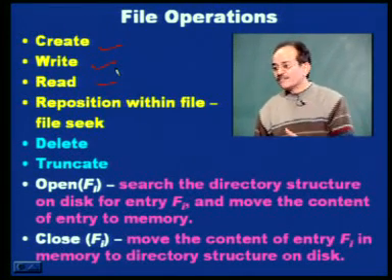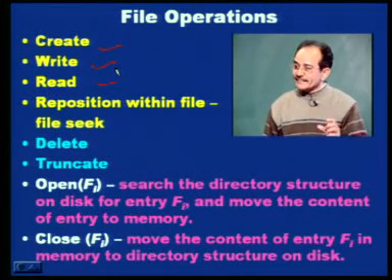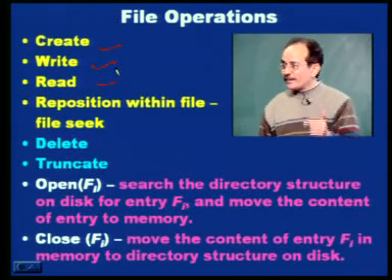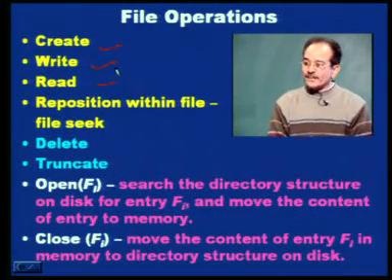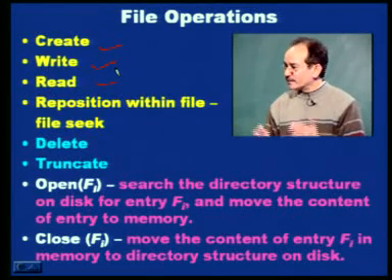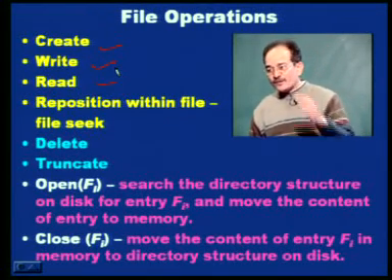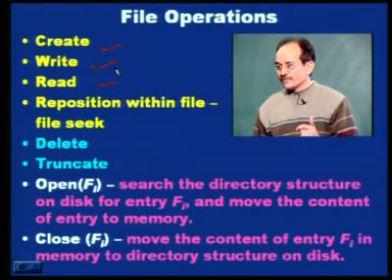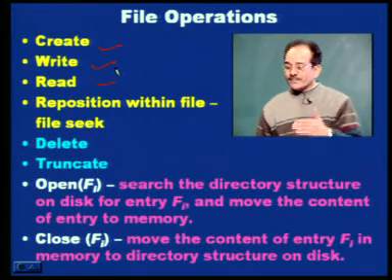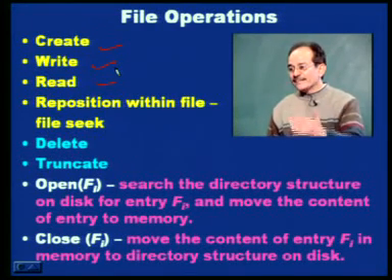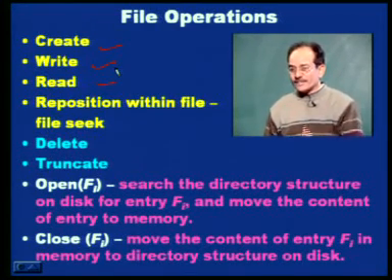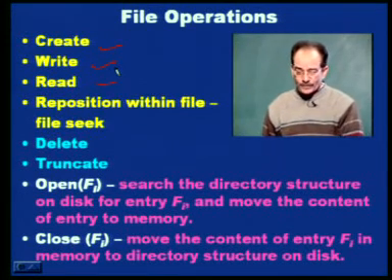Then once I have opened the file, what do I do next? I have to have my file pointed to a particular record. Let us say the moment I open a file initially, what will be the state of my file pointer? It will be on the first record only, and the moment I read the first record, automatically my file pointer will move to the next record, second record, then afterwards to the third record. How about the write?